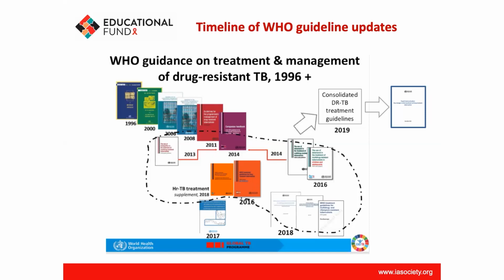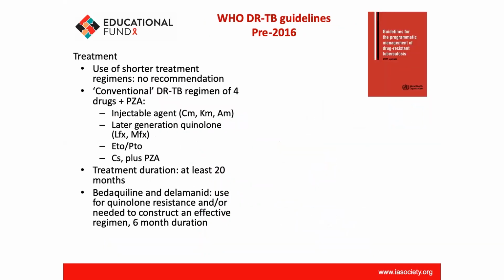And then most recently, there were consolidated treatment guidelines in 2019 and a further rapid communication that was just released. So let's just briefly go through the shifts in guidance.